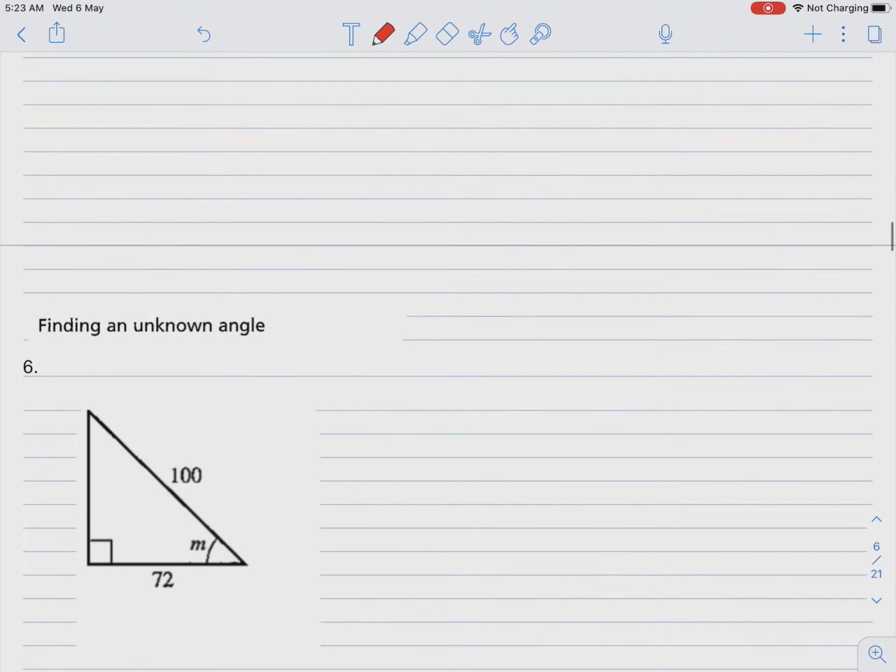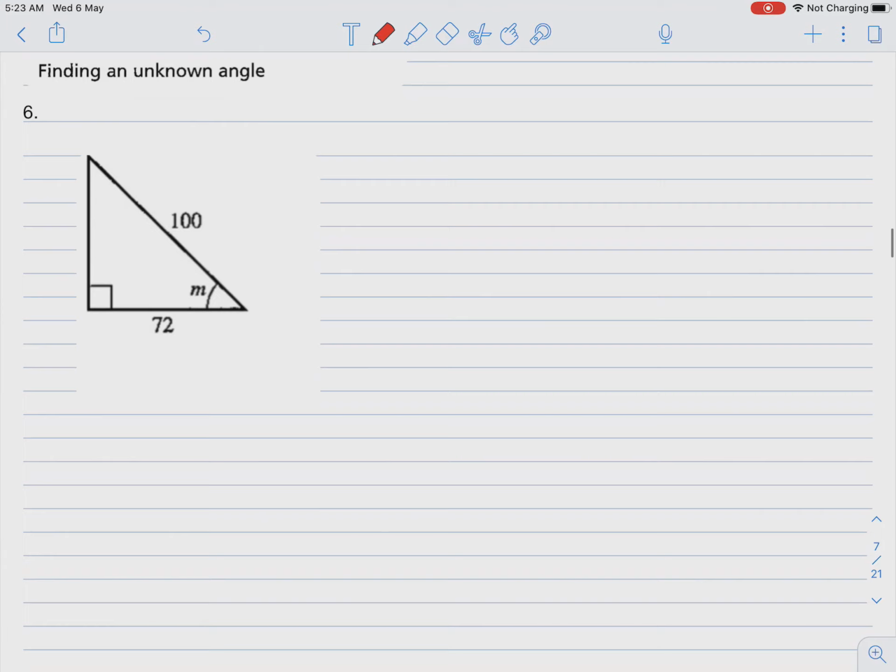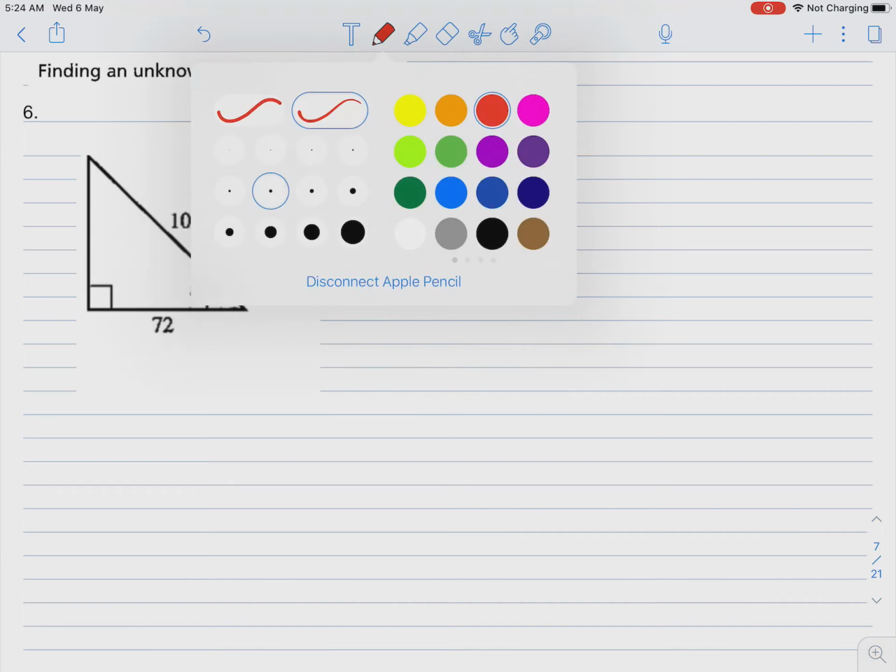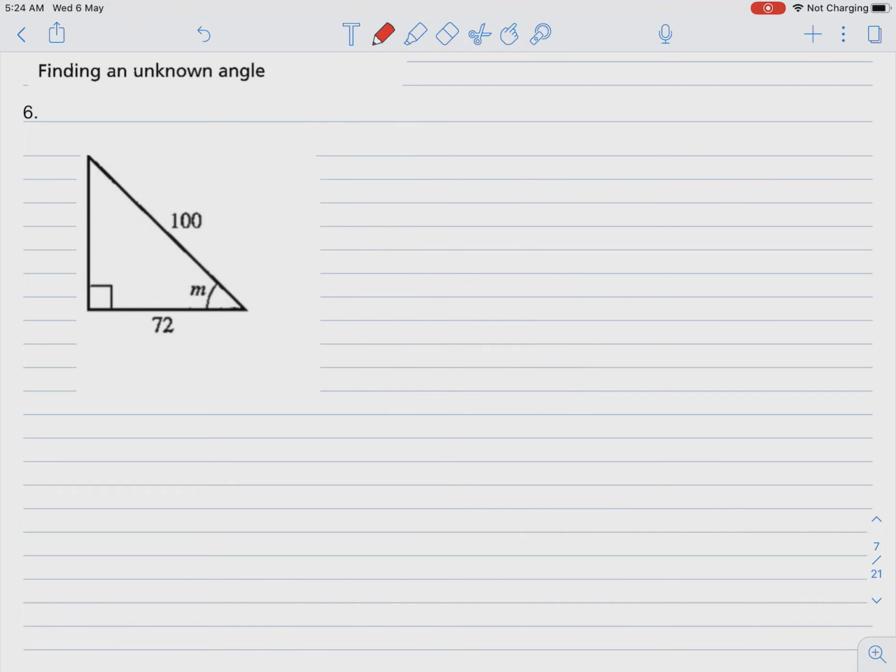Next, if I want to find an unknown angle, like here, angle M, first of all, I look at the given sides. With respect to angle M, what are they: opposite, adjacent, hypotenuse? This is what I need to know. Now the 100 is the hypotenuse, it is opposite to the 90 degrees.